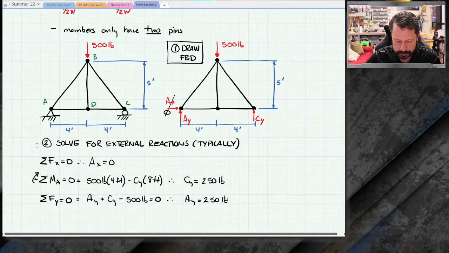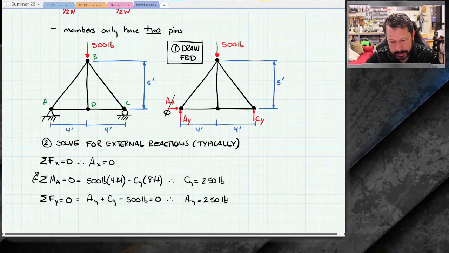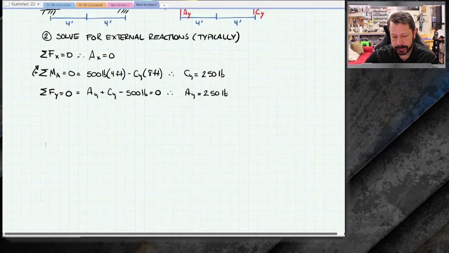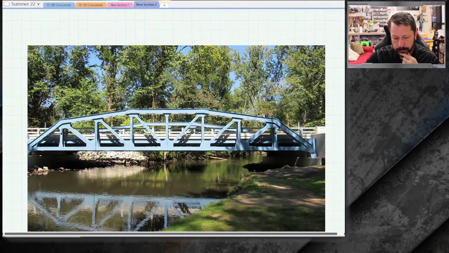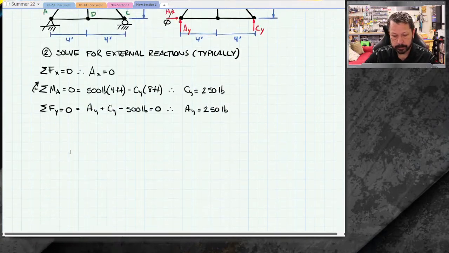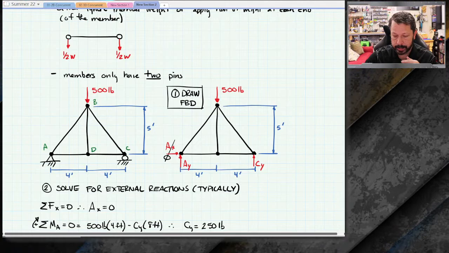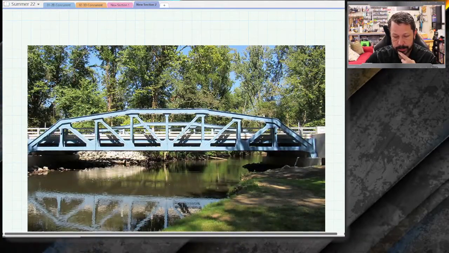So after you get to that point, typically what I'm trying to do with these, if I've got a real structure out here, what I want to know is, under this loading condition, in this case 500 pounds pointing straight down at point B, what are the forces in all the members?